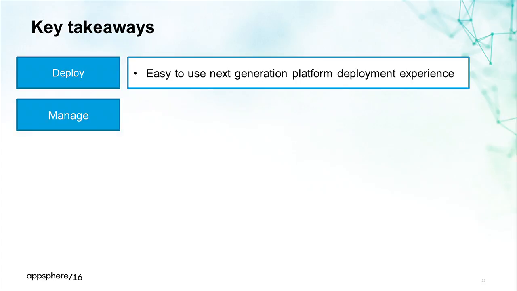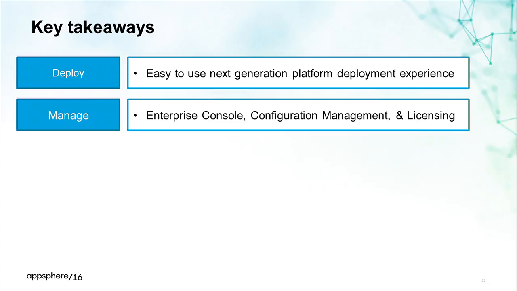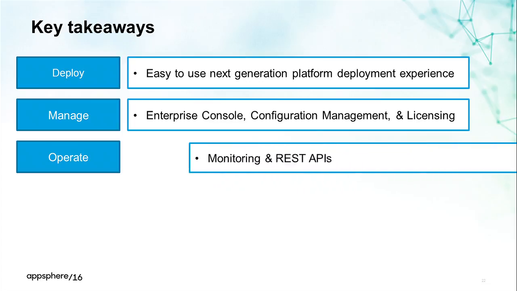And then we're bringing this new notion of an enterprise console, which is a common set of services that extend to all the different services within the platform. We introduce some new constructs like rules and scopes that allow better config management and also a completely redesigned license management framework.